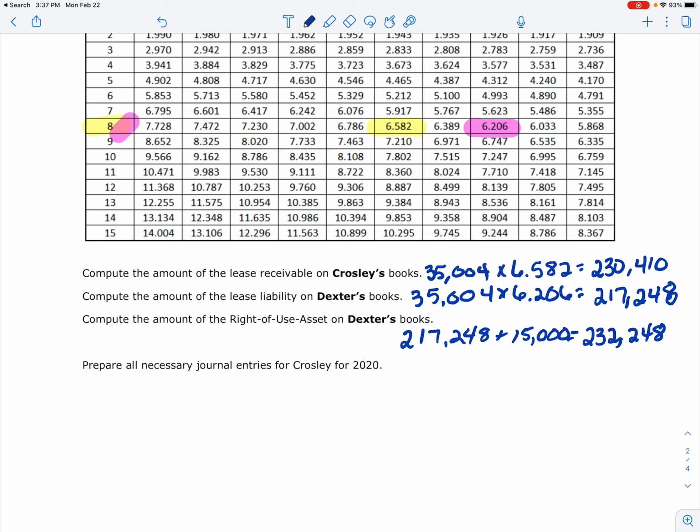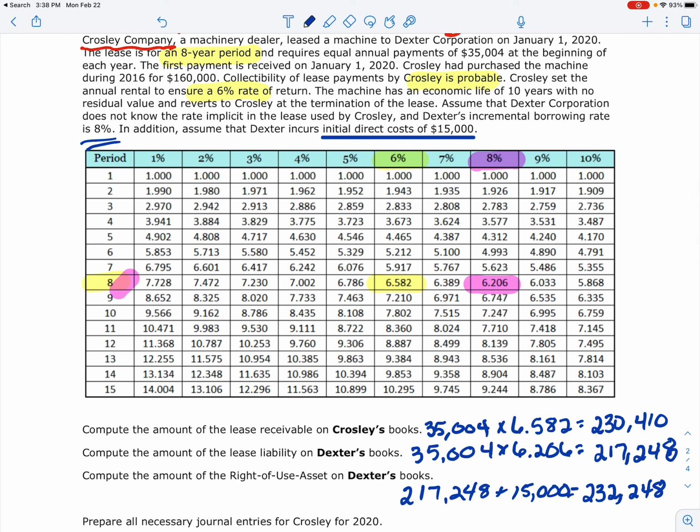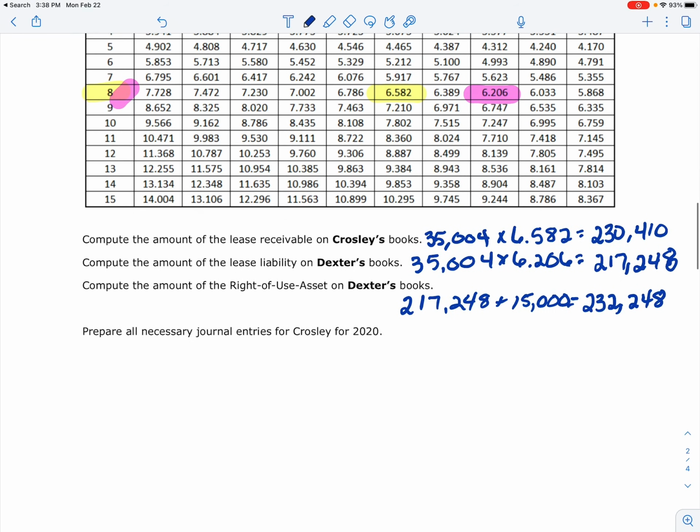And let's go through some of their journal entries. When we do look at these journal entries, we have to determine how they're going to record it. Crosley, remember, is the lessor. So we have to look, are they recording it as a sales type lease, or are they recording this in the operating approach? Now, if we go back to this information, we know this is an 8-year lease and that the asset life is 10 years.